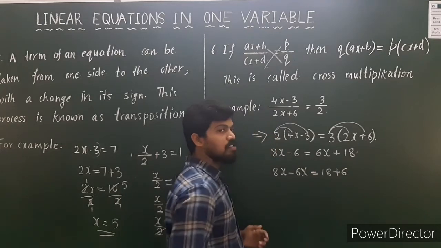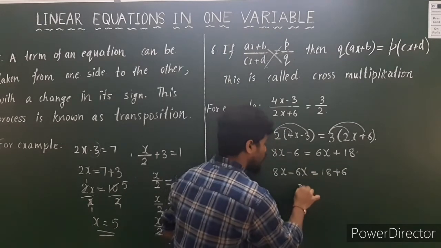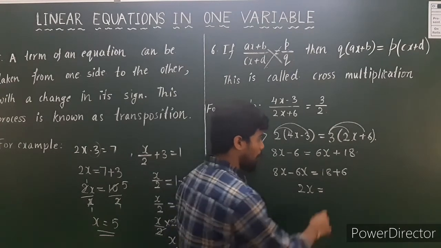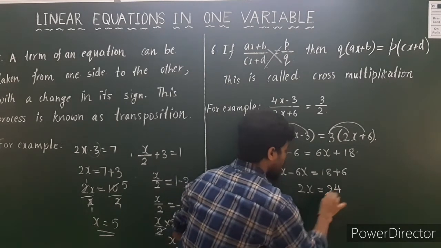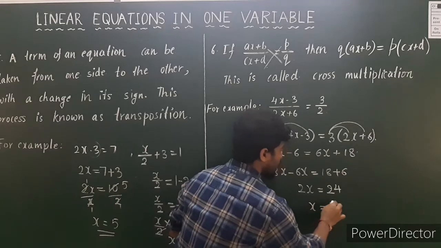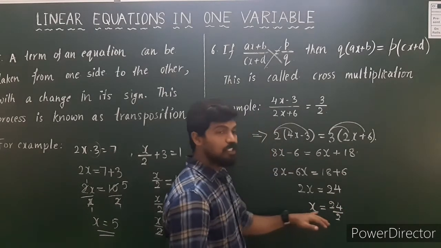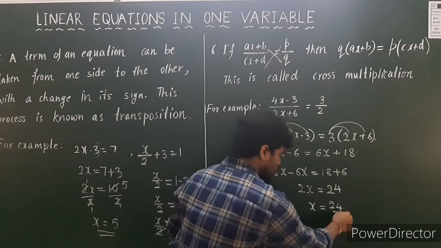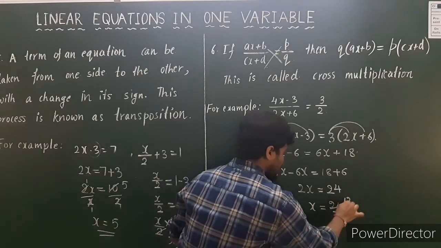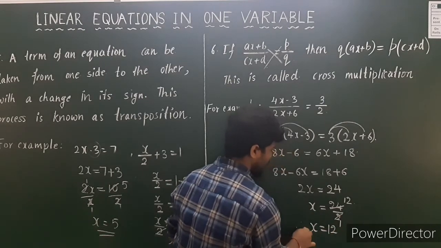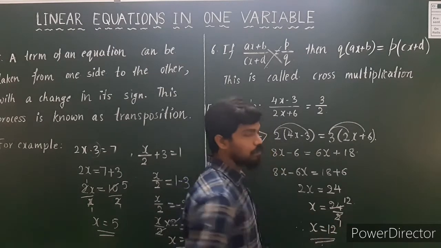So 8x minus 6x you get 2x, 18 plus 6 you get 24, so x is equal to 24 by 2. So both sides you divide by 2. 2 ones are 2, 2 twelves are 24. So x is equal to 12.